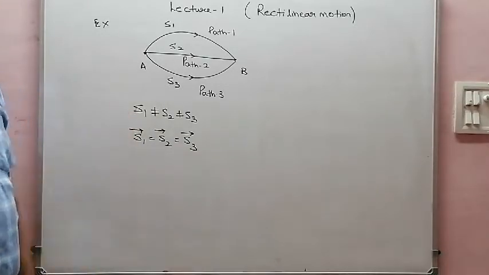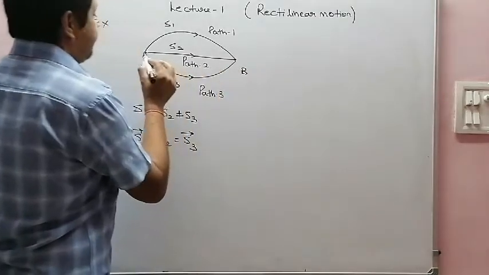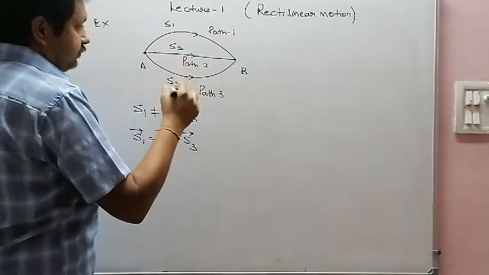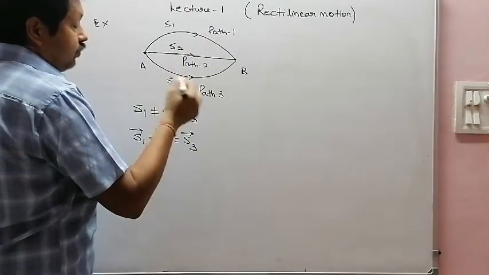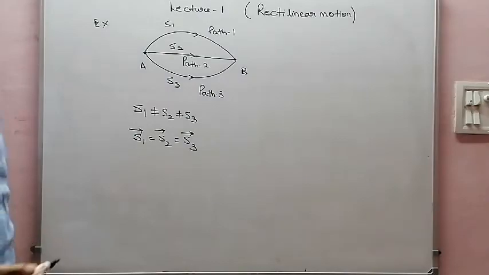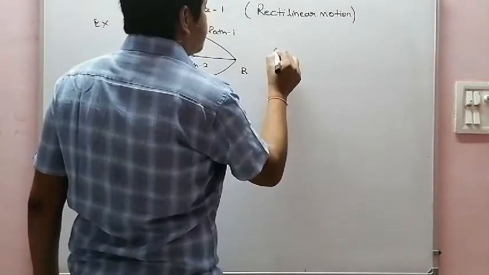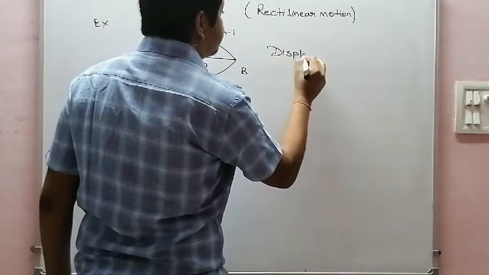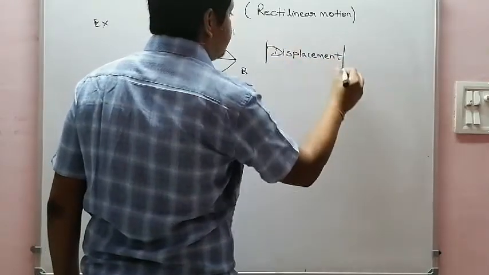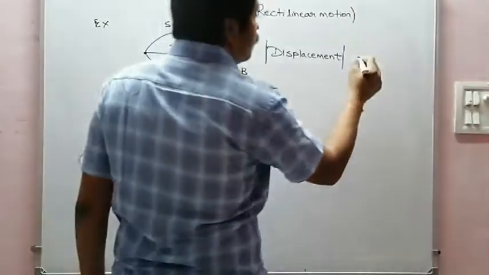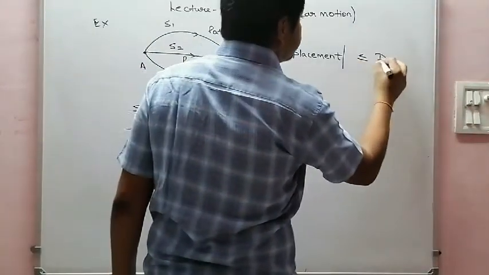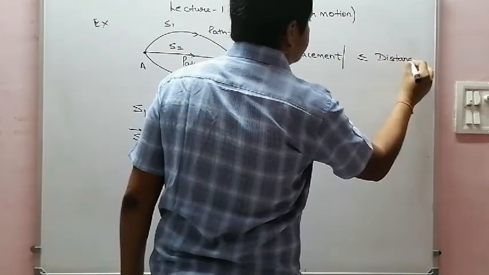Now, when we are going from A to B and there are many paths, when will distance be equal to displacement? The magnitude of displacement will be equal to or less than distance.